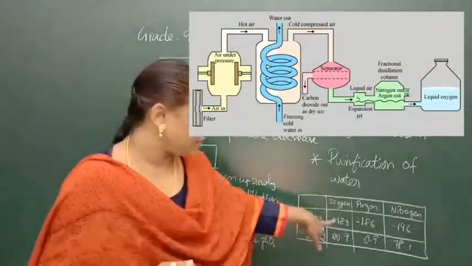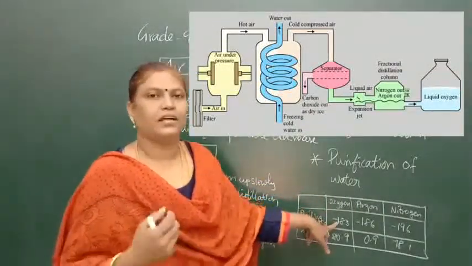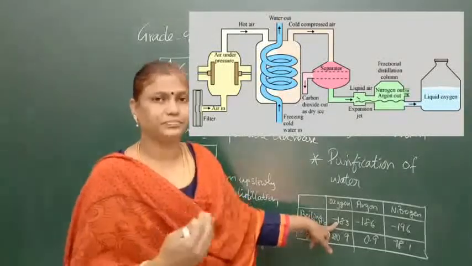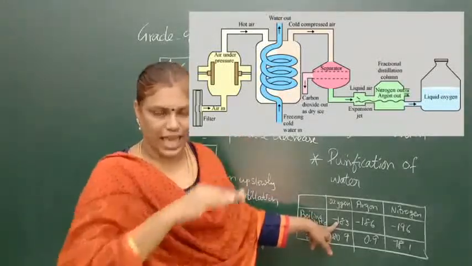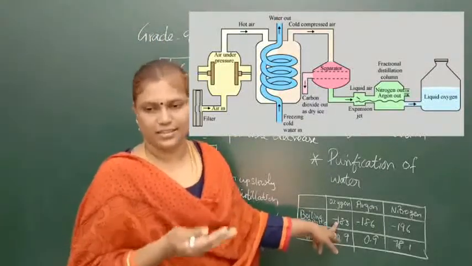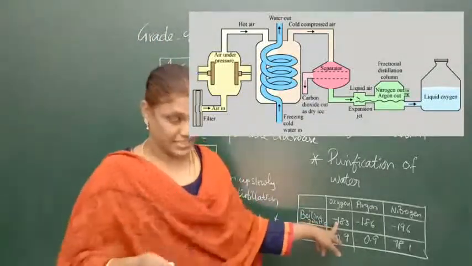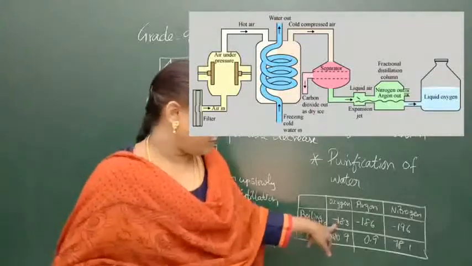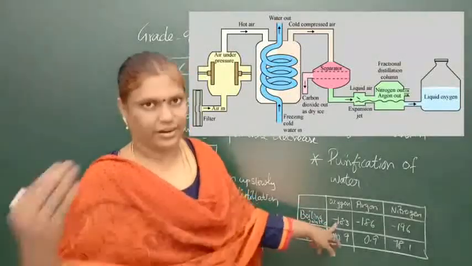Oxygen has a boiling point of minus 183. The liquid air will go to the fractionating column. The liquid oxygen will settle down because it is denser, so it will be in the lower range.